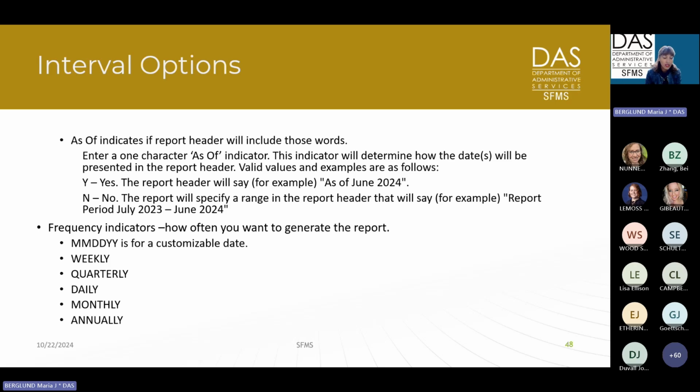The frequency indicator is simple: months, days, or year, or weekly. The report can be generated quarterly, daily, monthly, or annually. So this will identify how often the report will run.